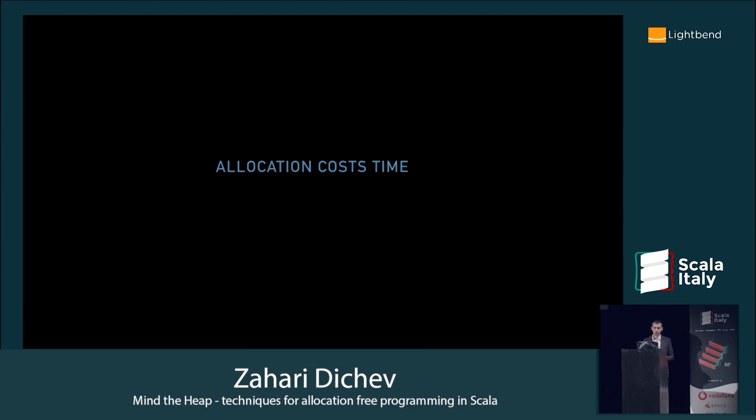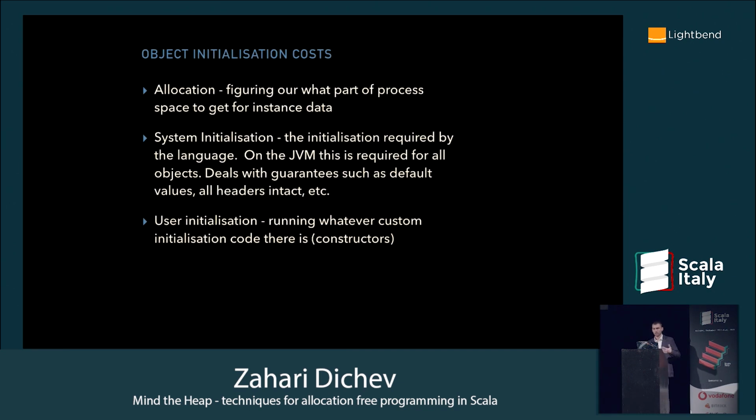Actual allocation costs time, and there is quite a bit of machinery in the JVM that deals with that and tries to make it more efficient. So what are some of the costs that you're paying when you're initializing objects on the JVM? Well, first of all, if you think about it, there are three main components to creating an object on the heap.